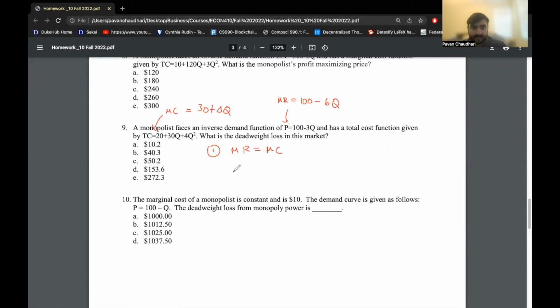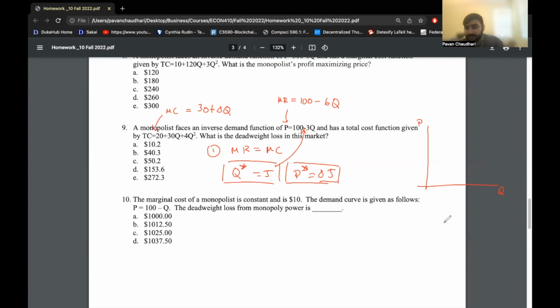I'm just going to do it in my head here to save time. So Q star is 5. And to find P star, we plug it back into the demand function. So 100 minus 15, which is 85. These are the same steps as the previous problems. Just do it out, check your work.